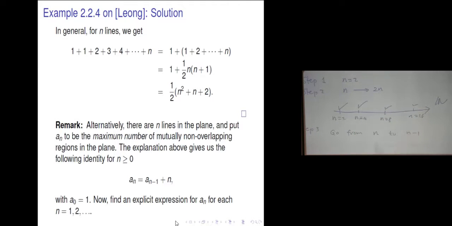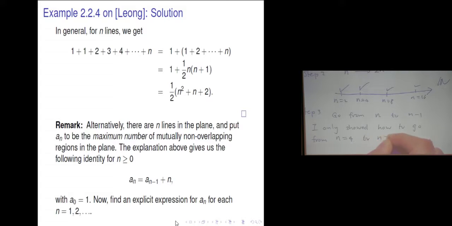I only gave you an example, so I only showed how to go from n equal 4 to n equal 3.